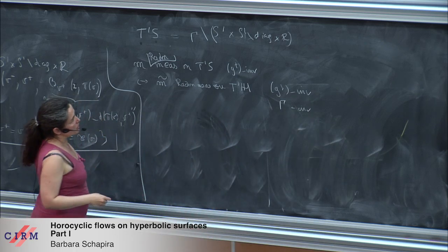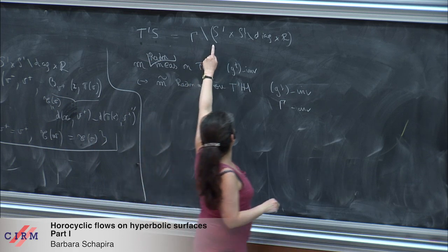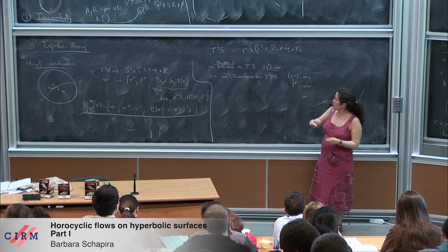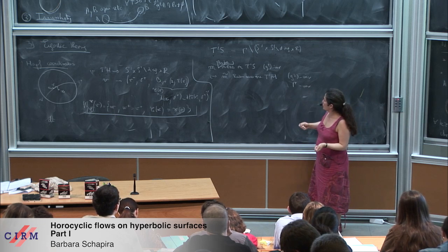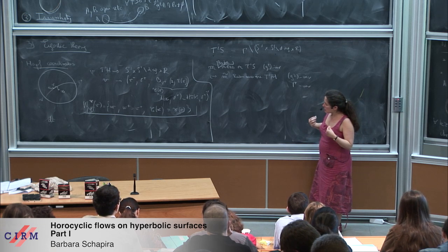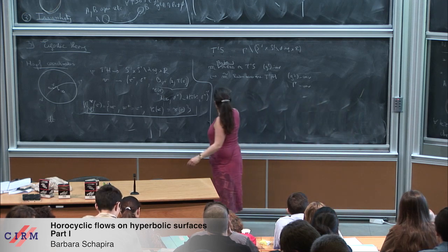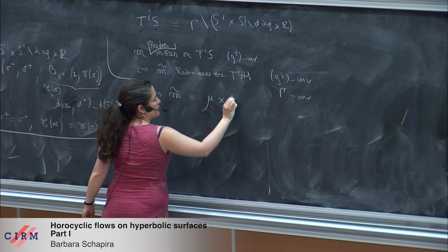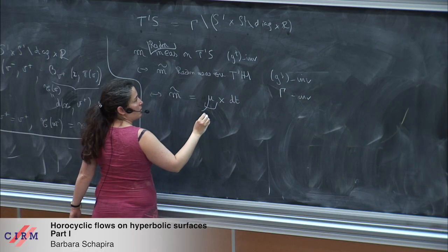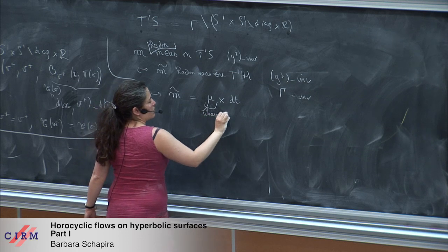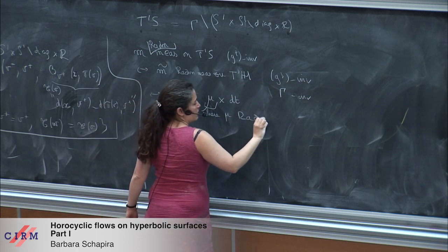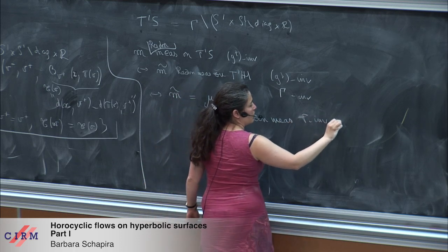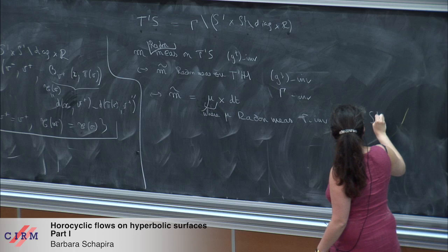As the geodesic flow acts by translation on R in these coordinates, saying that a measure is invariant by the geodesic flow is exactly the same as saying that M tilde can be written as a measure mu times dt, where mu is a Radon measure which is gamma invariant on the boundary times the boundary.